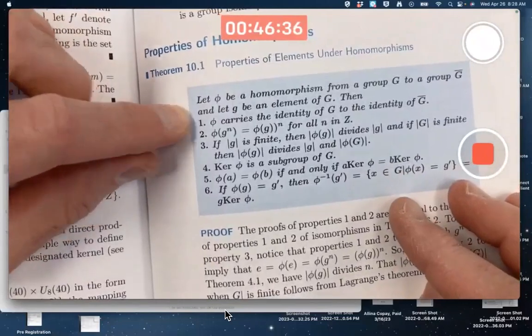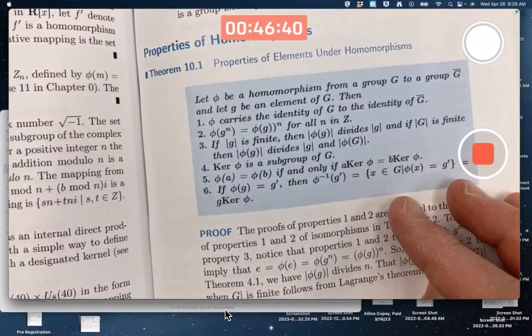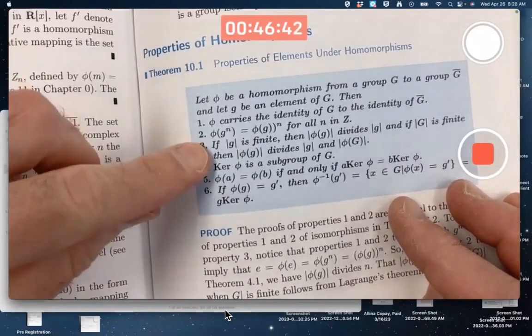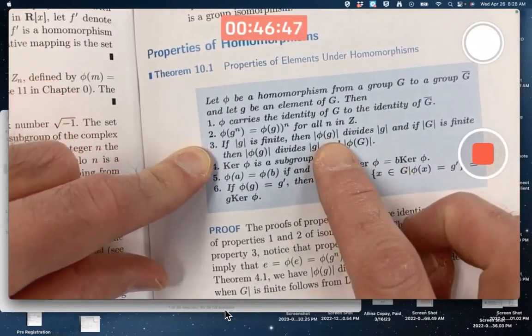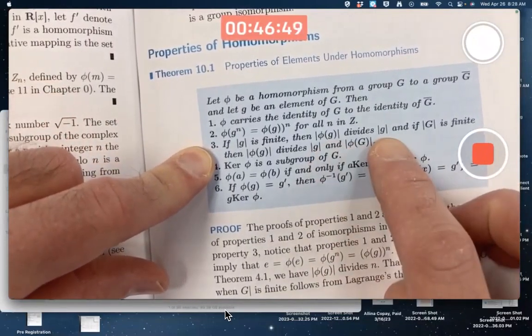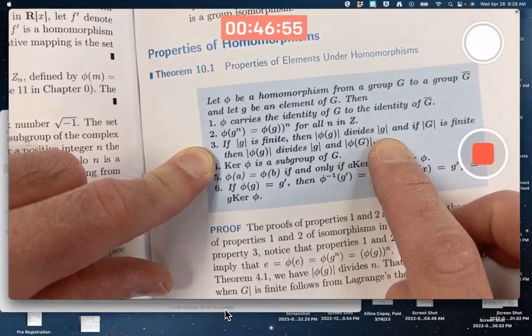So we are talking about a group homomorphism back here. Again, ring homomorphisms are group homomorphisms. If the order of G is finite, then the order of the image, phi of g, divides the order of g itself, which has got to divide the order of capital G by Lagrange's theorem.